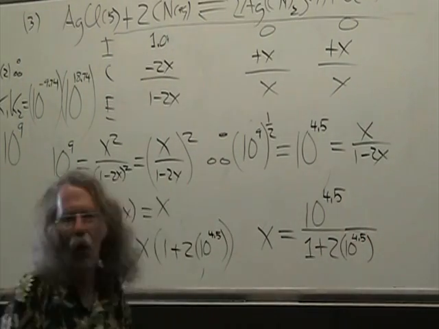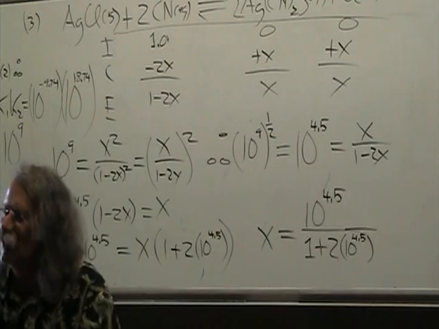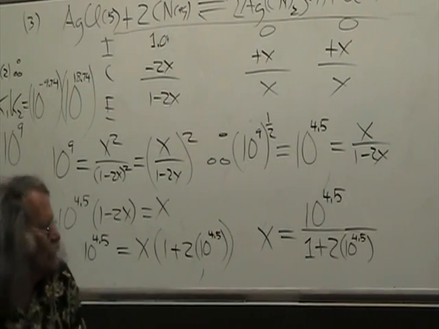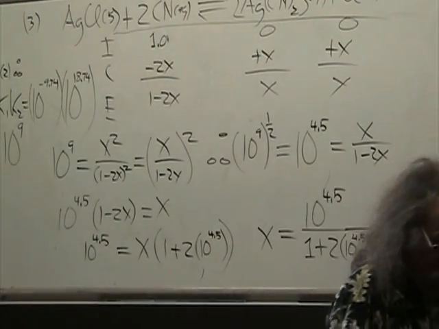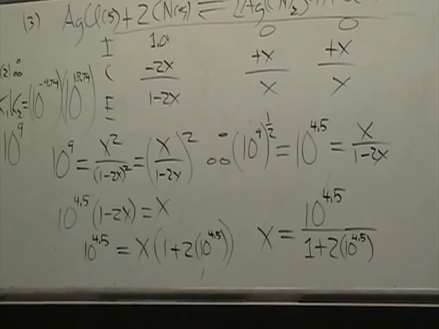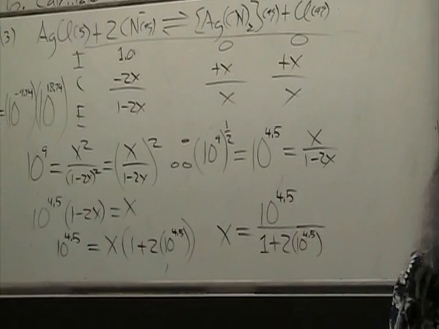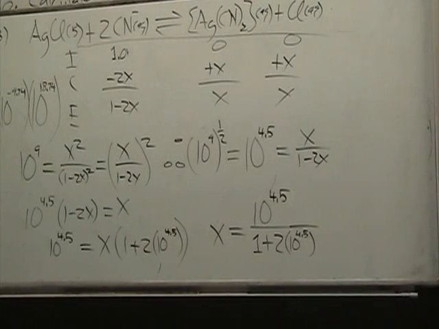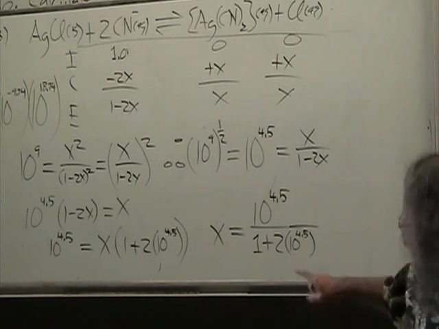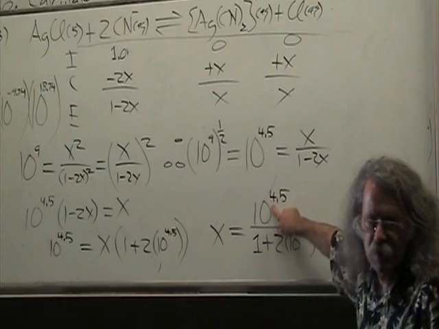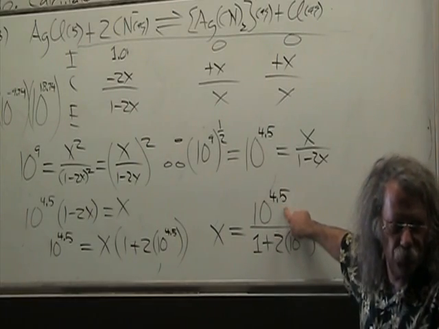Okay, now let's just look at these numbers for a second. 10 to the 4.5, what's that, roughly? Well, 0.5, so let's look at the mantissa. 0.5 is awfully close to 0.477, which is 3. So this is around 3 times 10,000, so it's around 30,000.